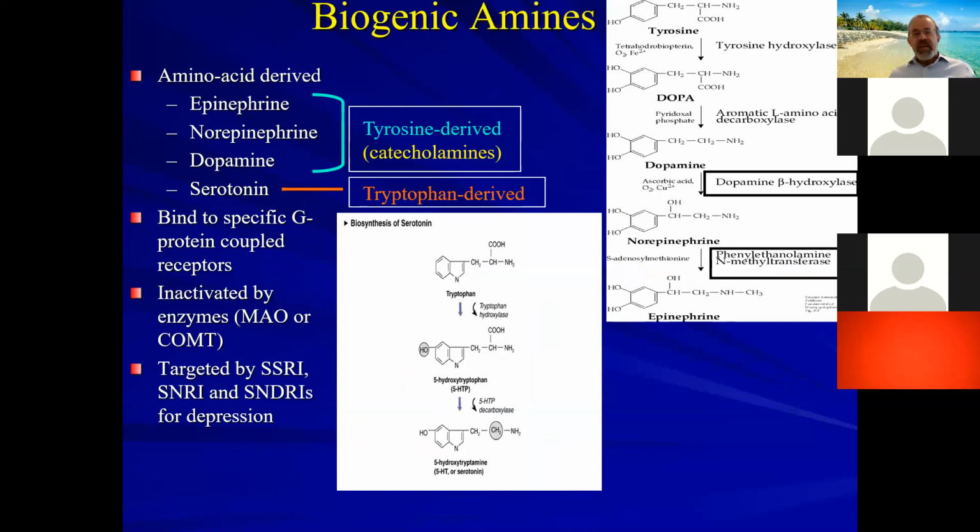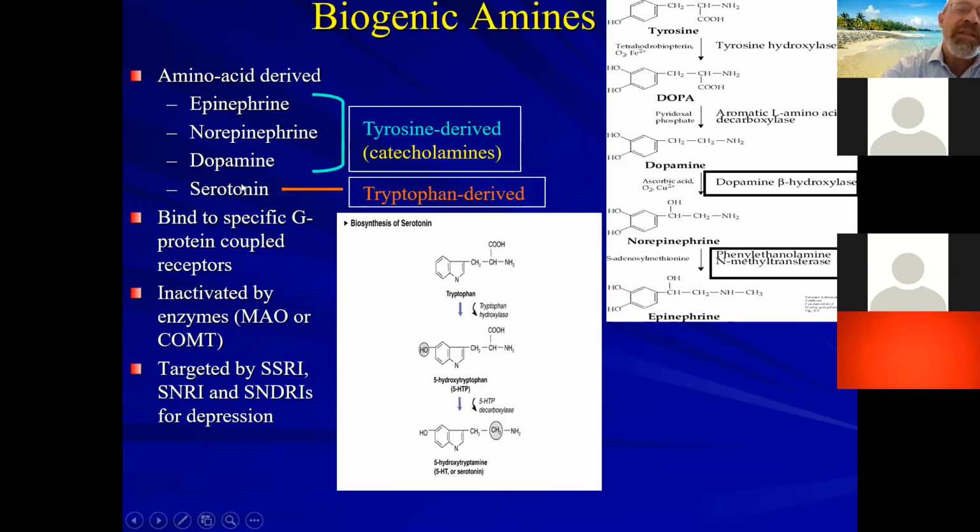Okay, jumping into the next category, biogenic amines. I'm going to pretty much lump all of these amines into one receptor, even though they each have their own individual, but they essentially operate the same way.